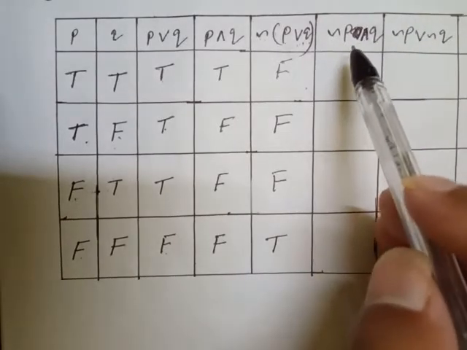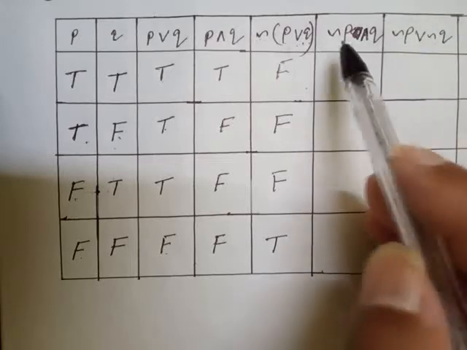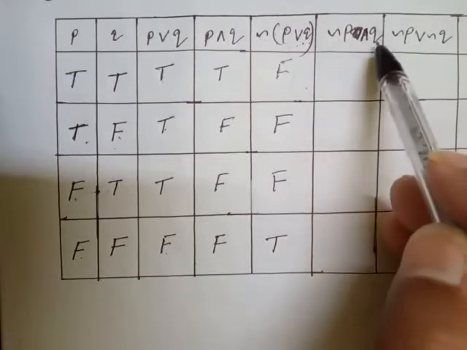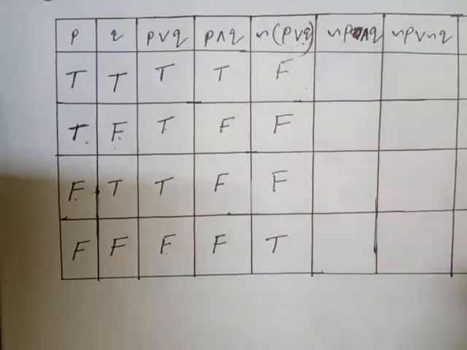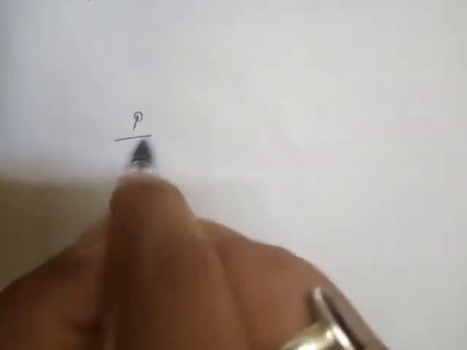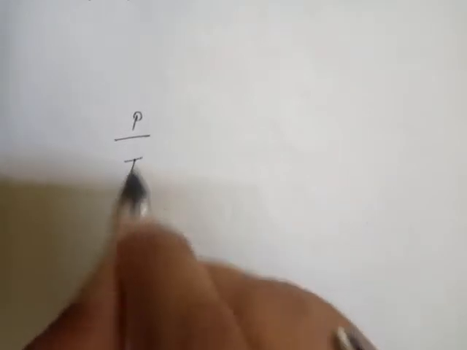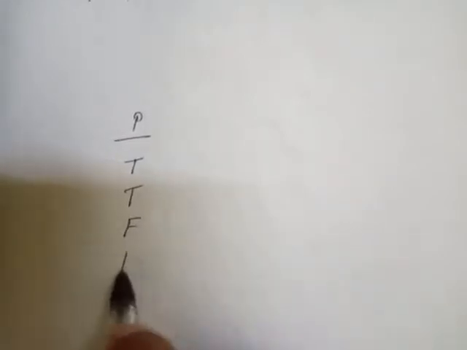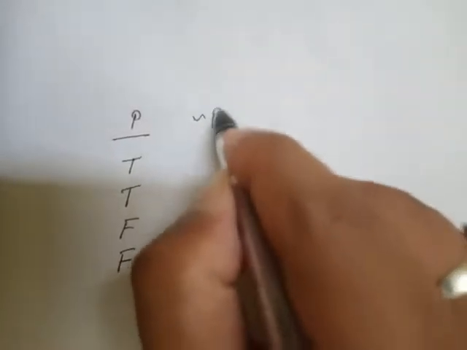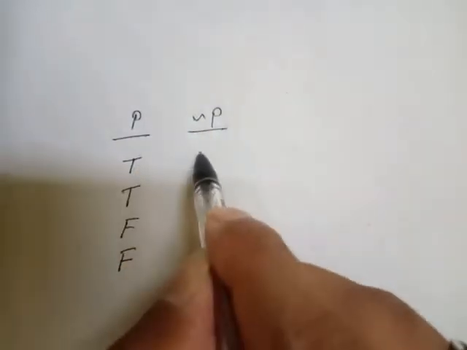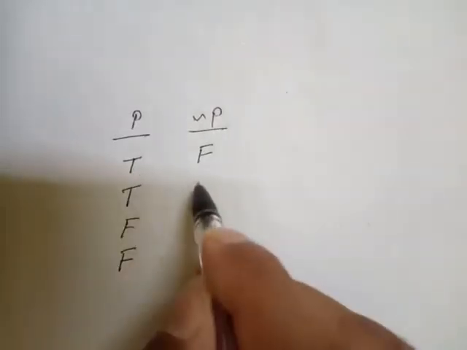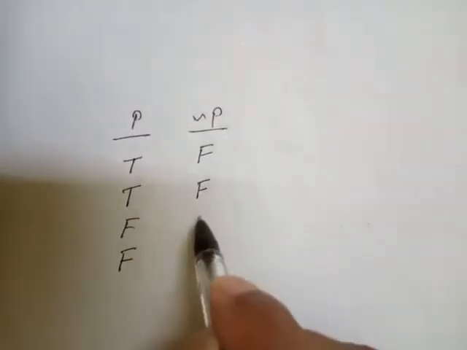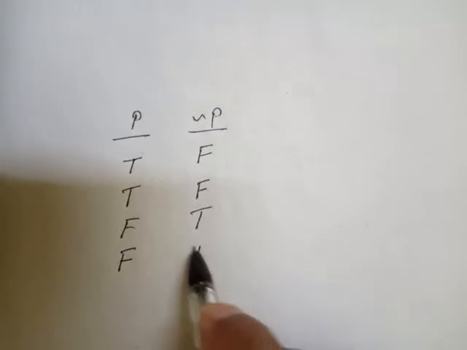Here the conjunction between negation p and q. Now how to solve this part? Look students, the value of p is true, true, then false, false. Now negation p, which means not true means false, not true means false, not false means true, not false means true.